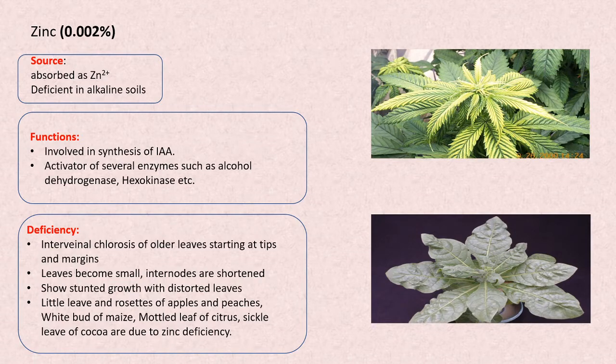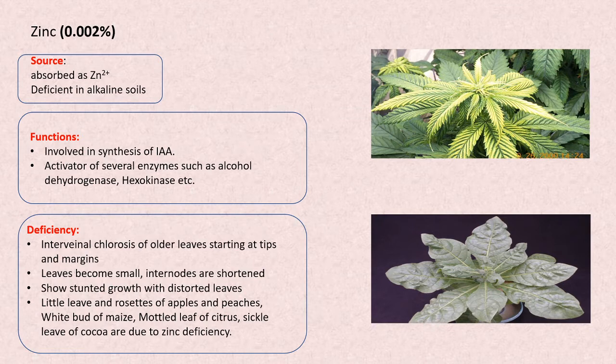And in severe cases, the leaves become small, internodes are shortened, resulting in stunted growth. Leaves become distorted. They change their shapes. See, you can observe here the leaves are distorted. So distorted, smaller in size, and they form clusters as rosettes.